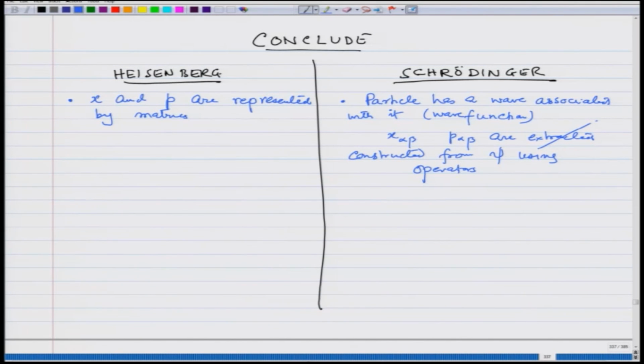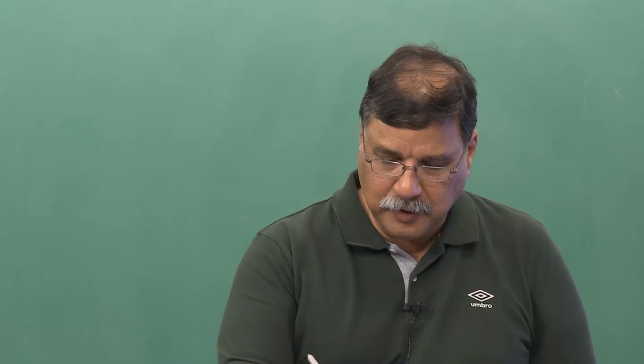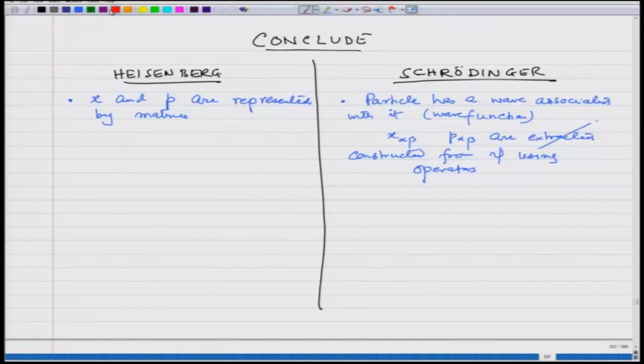So, there are matrices, and here you have to apply an operator on this function. Now, here the equation of motion is classical, except that now this is written in terms of the matrices. Here is the wave equation.